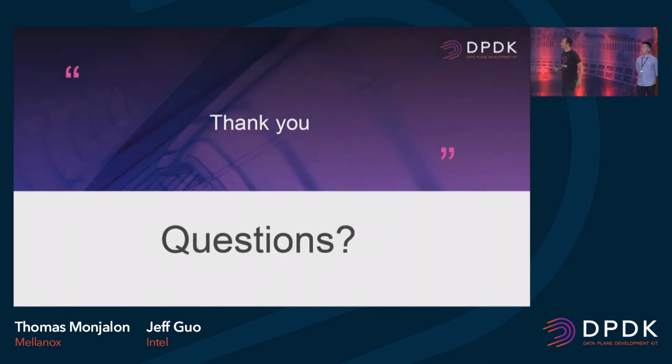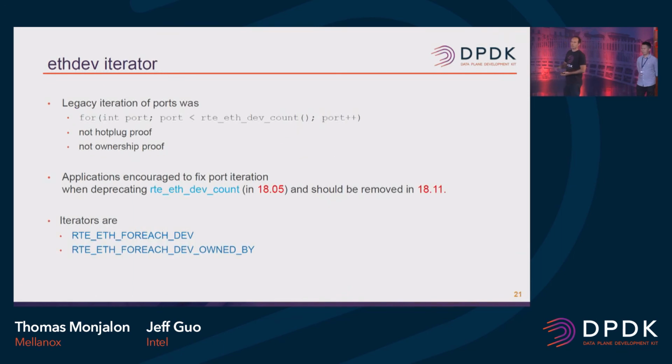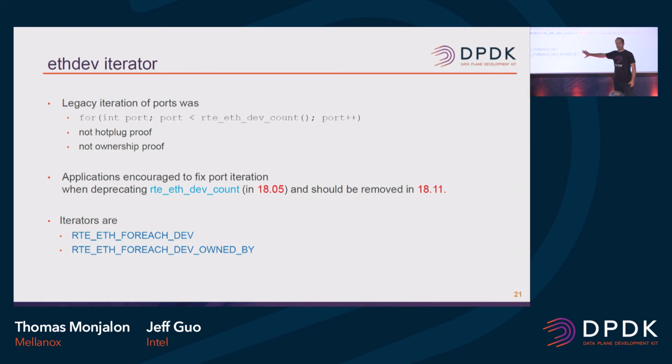On purpose, because, okay, so you're talking about this slide, right? Okay, we have a safe solution to iterate over devices. It works, because it's doing some state and skipping the port IDs which are not allocated.